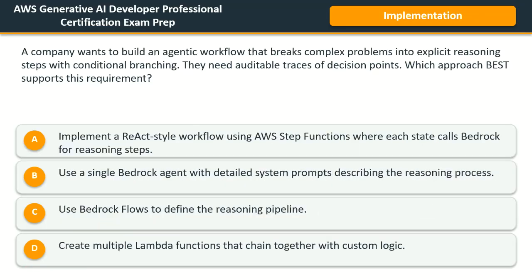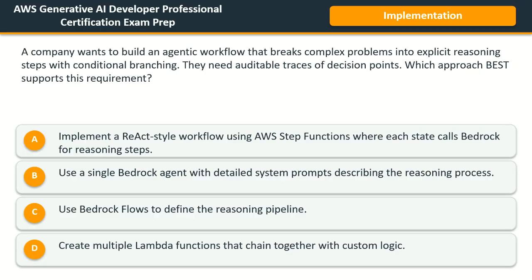The company wants to build an agentic workflow that breaks complex questions into explicit reasoning steps with conditional branching. They need auditable traces of decision points. Which approach best supports this requirement? Here are your answer choices. Option A, implement a ReAct-style workflow using AWS Step Functions where each state calls Bedrock for reasoning steps.